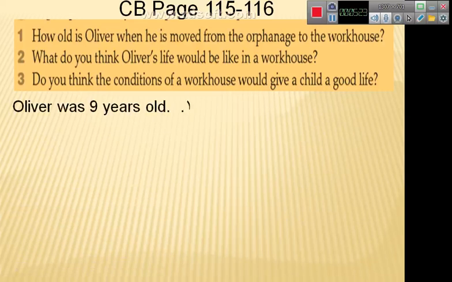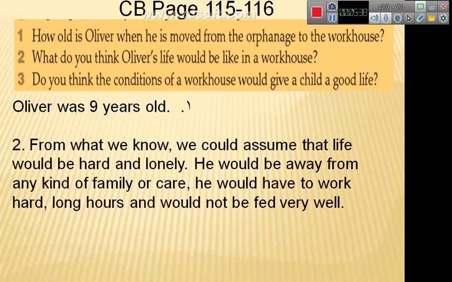Number 1. How old is Oliver when he is moved from the orphanage to the workhouse? He was 9 years old. Number 2. What do you think Oliver's life would be like in a workhouse? From what we know, we could assume that life would be hard and lonely.